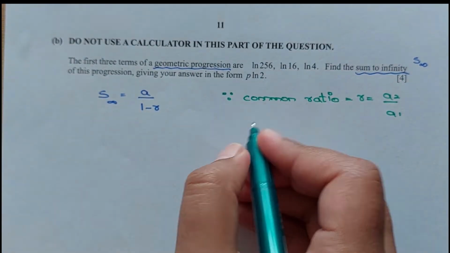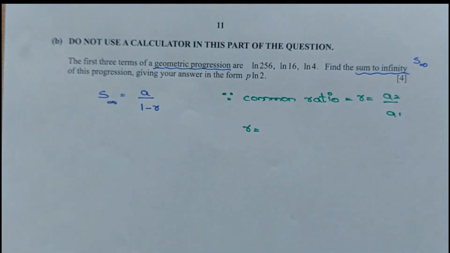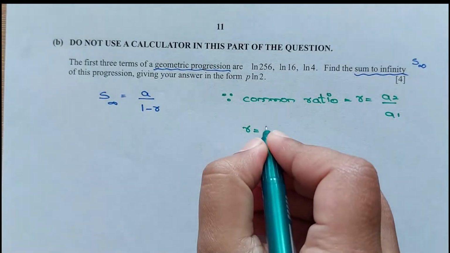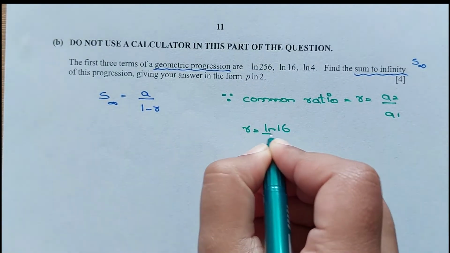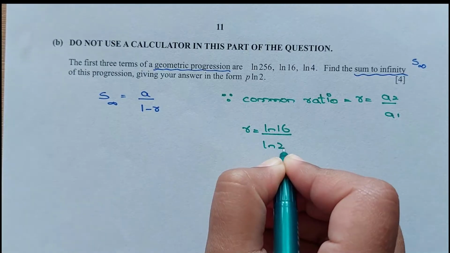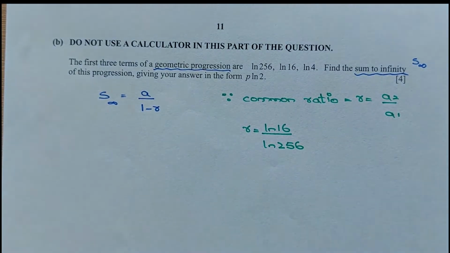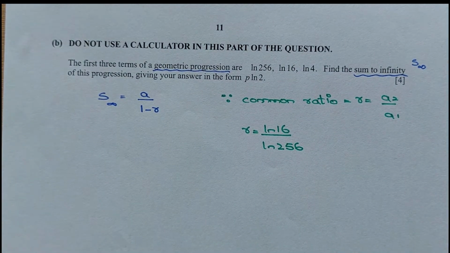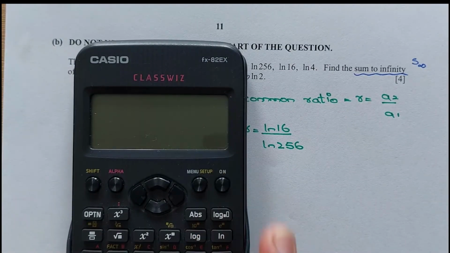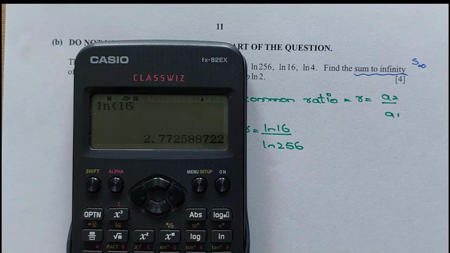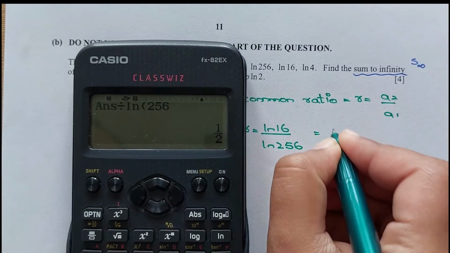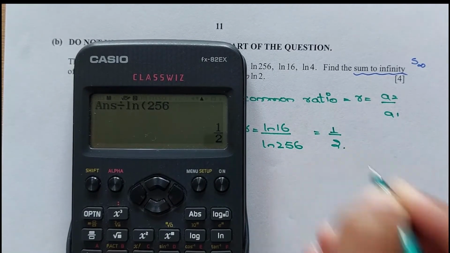So r is ln 16 over ln 256. Natural log of 16 divided by natural log 256 is 1 by 2. The r value is 1 by 2.